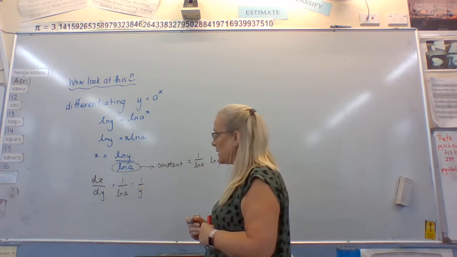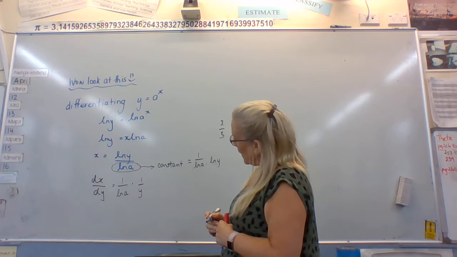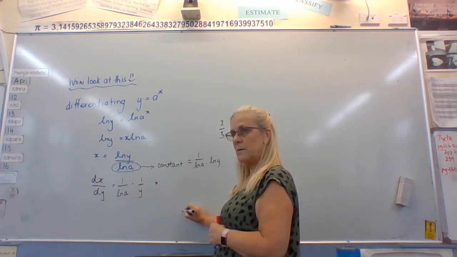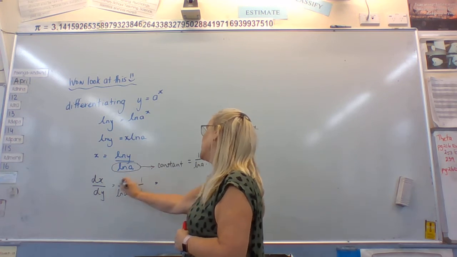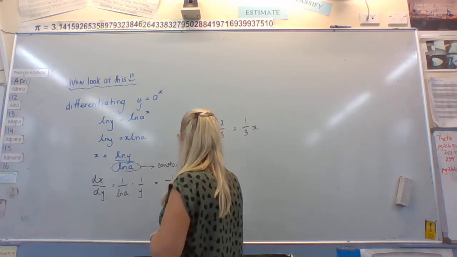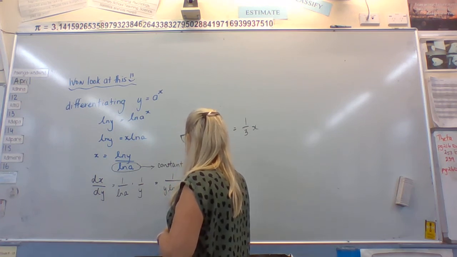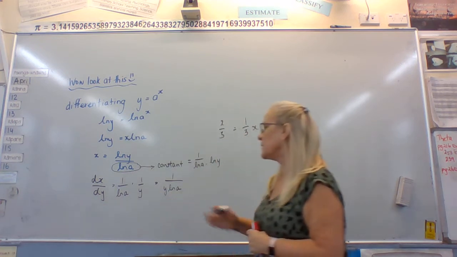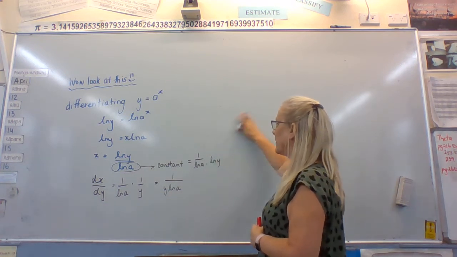So what's that nicely written? 1 over y ln of a is the nice way to write it. So dx by dy equals 1 over y ln of a.